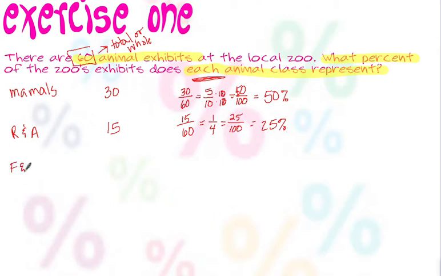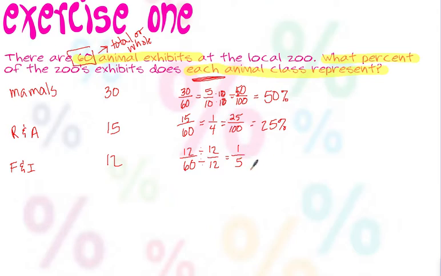Fish and insects have 12 displays. So 12 of these 60 displays, so my part over my whole. I am going to divide both of these by 12. And I get 1/5.